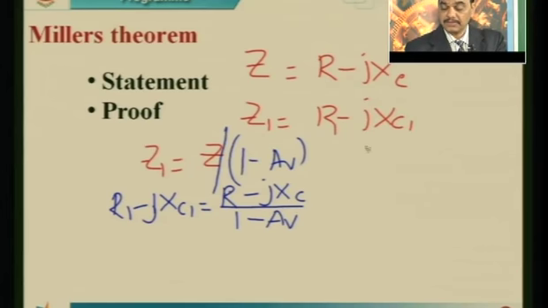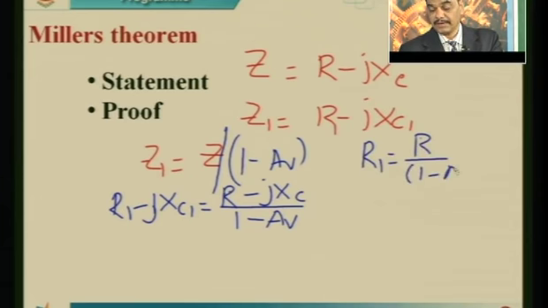If you compare the real and imaginary terms, R1 is equal to R into 1 divided by 1 minus Av, and Xc1 is equal to Xc divided by 1 minus Av.